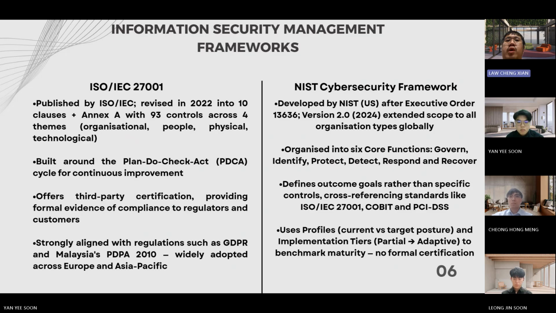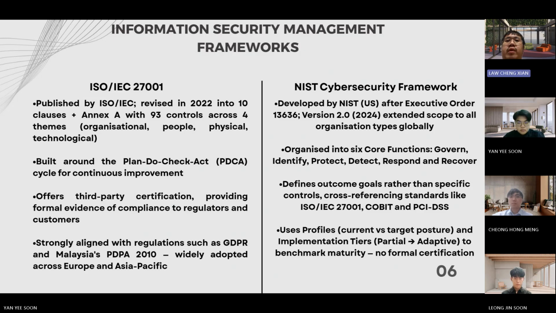It contains 10 clauses and 93 controls across four themes in Annex A. It follows the Plan, Do, Check, Act cycle, and critically supports third-party certification, giving organizations externally verified proof of compliance. This makes it especially relevant for regulatory requirements like GDPR or Malaysia PDPA 2010.